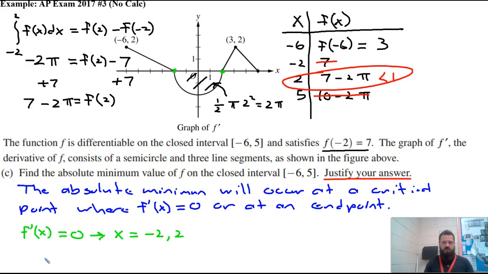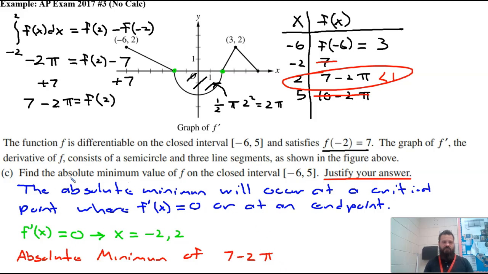And we want to explain what we just found. We'll say absolute minimum of 7 minus 2 pi.